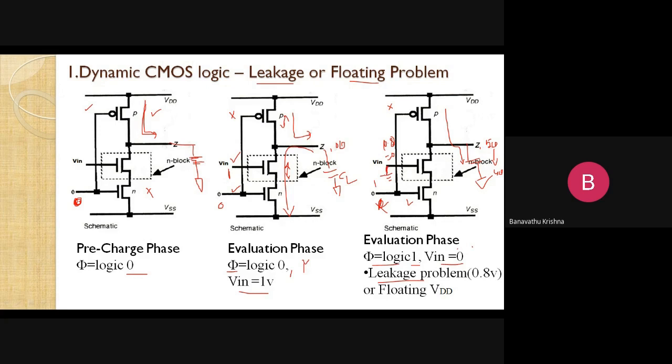So the output response decreases from 5 volts to about 4 volts. This is the leakage problem that occurs across this dynamic CMOS logic.